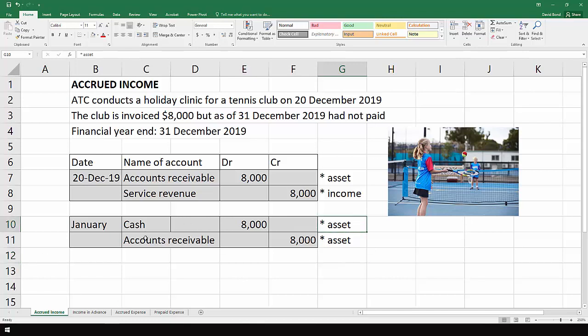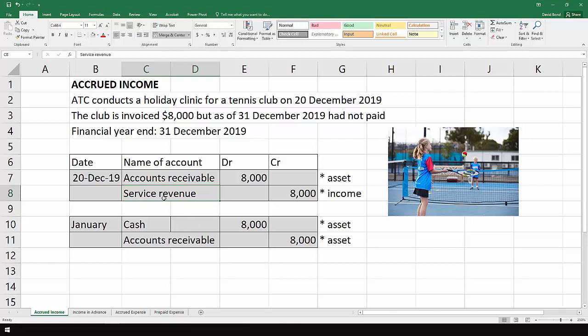So at the time they get paid, again, this is the accrual accounting perspective. At the time they get paid, there is no income that takes place. All that you're doing is reducing this asset. The revenue is put in place in the year or in the period in which the service is performed.